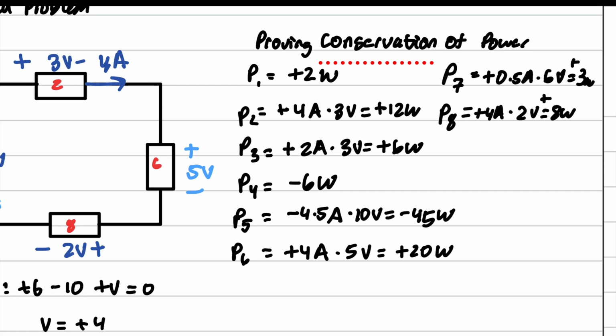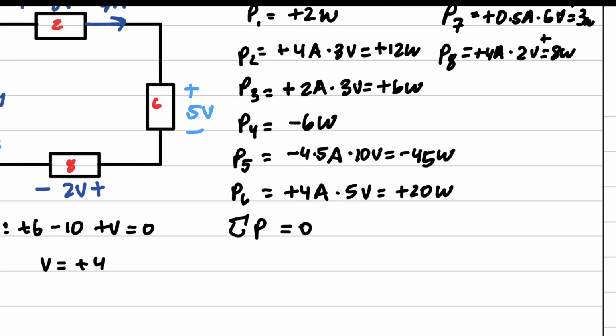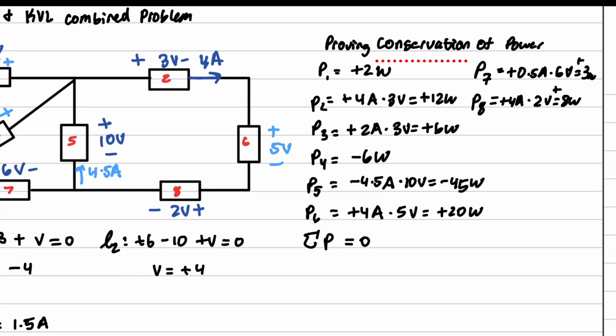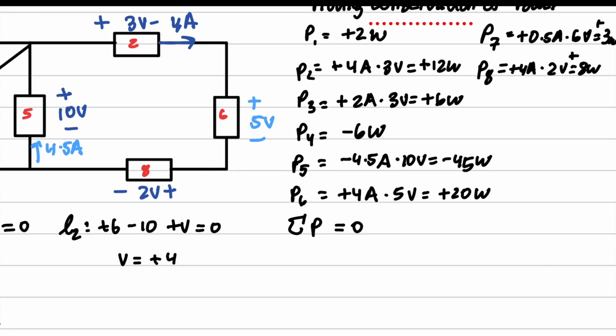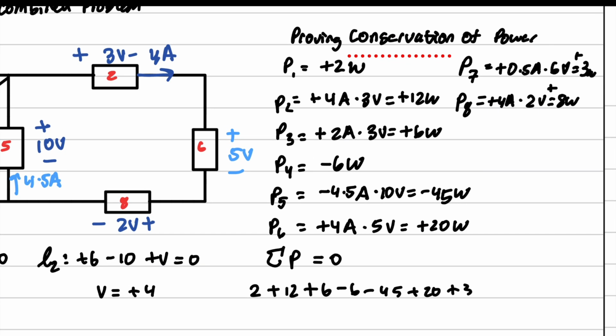And then, remember what we said, the sum of the individual powers must equal 0 for power conservation. So all you're going to do is say 2 plus 12 plus 6 minus 45 plus 20 plus 3 plus 8.